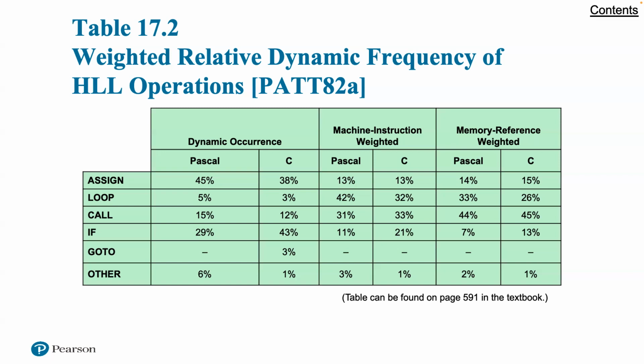Similarly, the sixth and seventh columns are obtained by multiplying the frequency of occurrence of each statement type by the relative number of memory references caused by each statement. The data in columns 4 through 7 provide surrogate measurements of the actual time spent executing the various statement types. The results suggest that procedure call and return is the most time-consuming operation in a typical high-level language program.